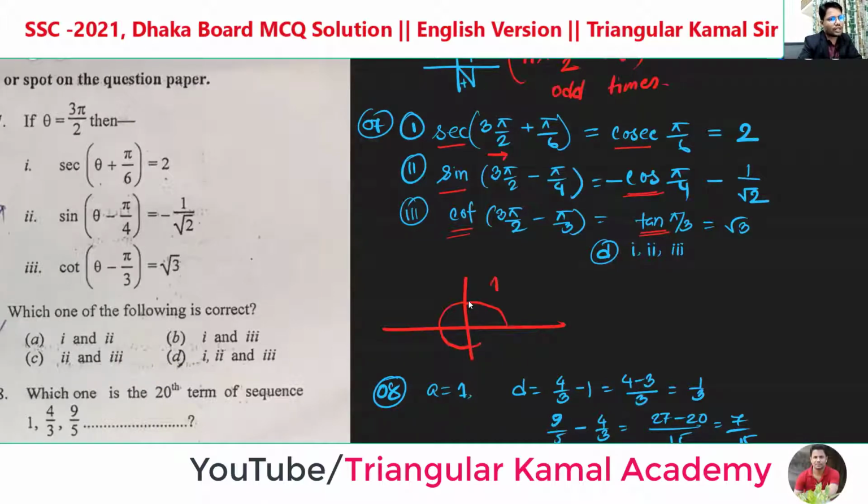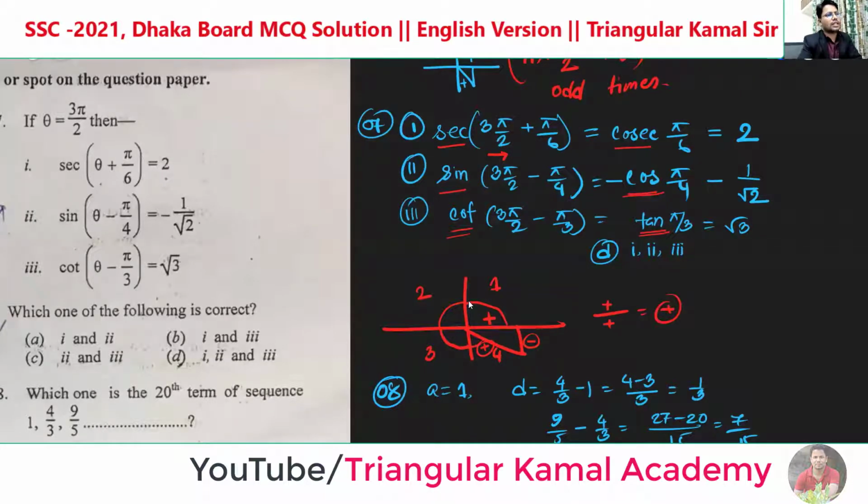So first quadrant, second quadrant, third quadrant, fourth quadrant. In this fourth quadrant, the base is positive, the perpendicular is negative, and the hypotenuse is always positive. So in the fourth quadrant, sec theta is hypotenuse by adjacent, so both are positive. That's why there will be plus.